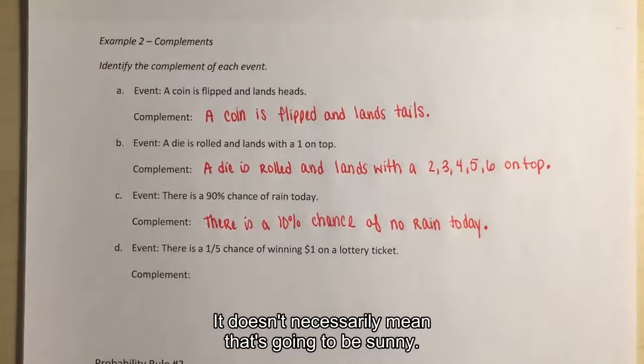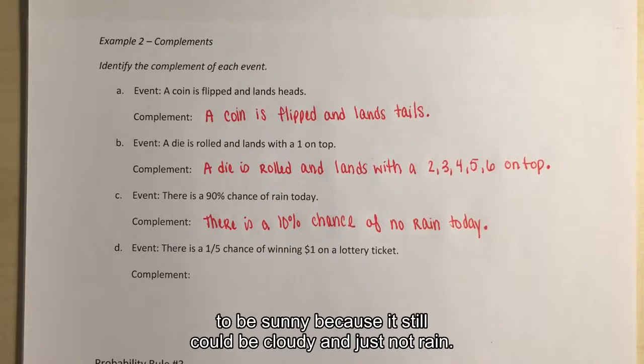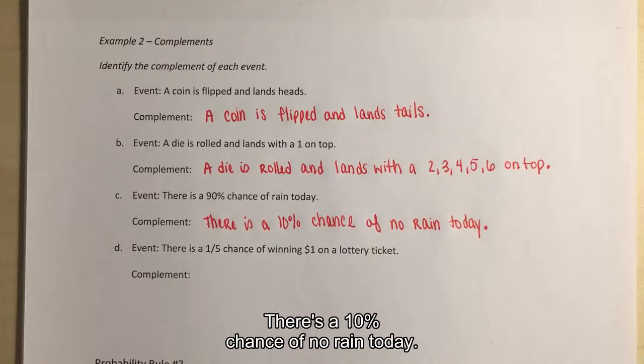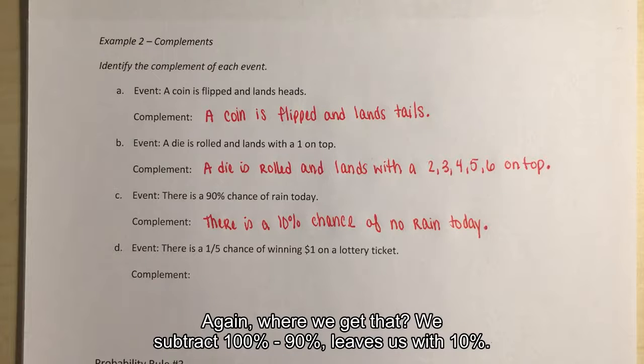It doesn't necessarily mean it's going to be sunny. We can't say there's a 10% chance that it's going to be sunny because it still could be cloudy and just not rain. So there's a 10% chance of no rain today. Where we get that, we subtract 100% minus 90%, which leaves us with 10%.